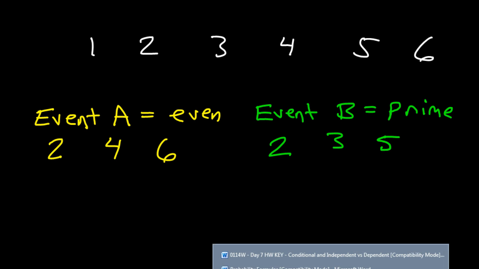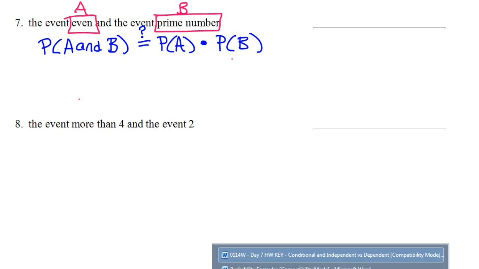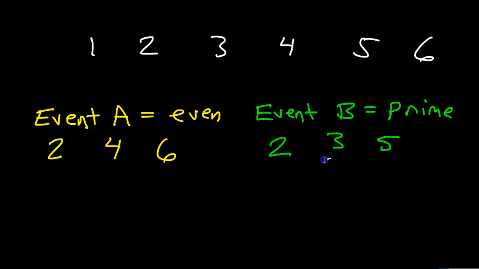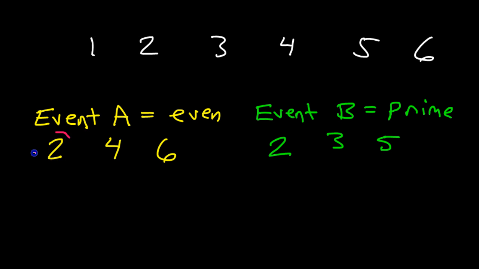Okay, so looking back at the formula, the first thing we need to find is the probability of A and B. In other words, the overlap between the two sets. Okay, so what's the overlap between these two sets? What do they have in common? This is the only thing they have in common. They both have 2, the number 2 in common.